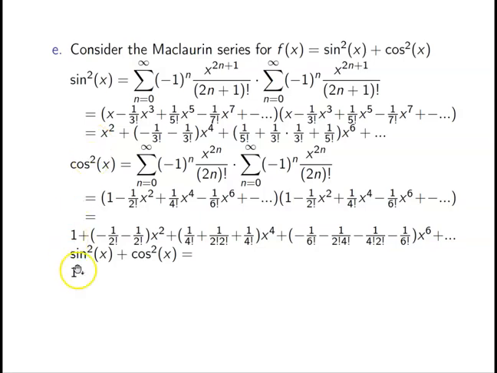So I have 1 from cosine squared. I have two x squared terms to add together. So this is 1, right, from sine squared, because notice I'm going sine squared plus cosine squared. So I have 1 here. And when I add these together, I have 2 factorials that are negative. Okay.